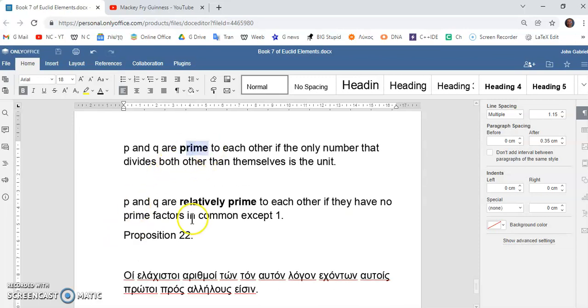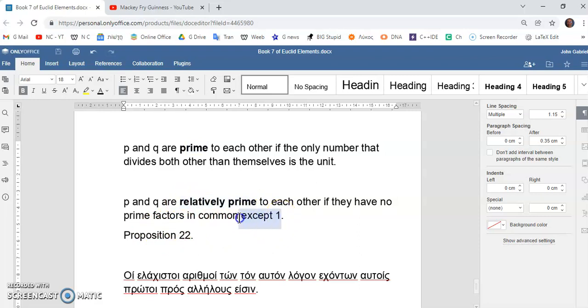Then we have the concept of relatively prime, which I'm going to cover now, and it's going to come up later. P and Q are relatively prime to each other if they have no prime factors in common except 1.